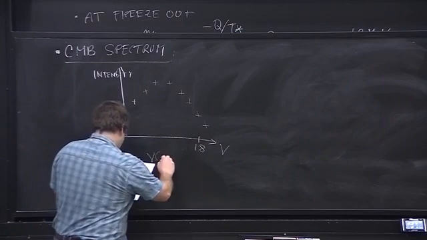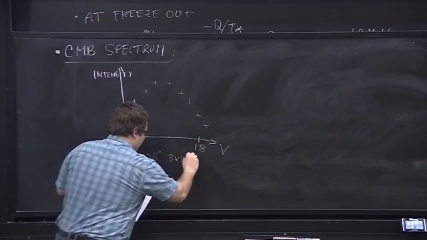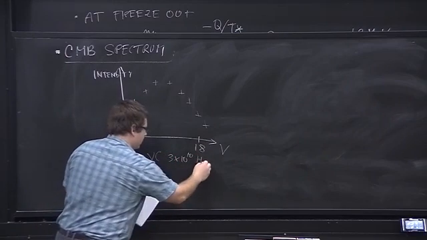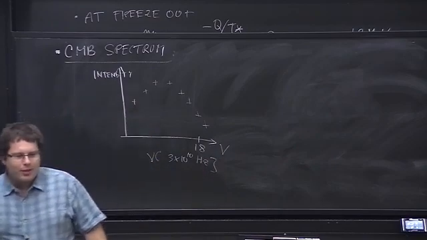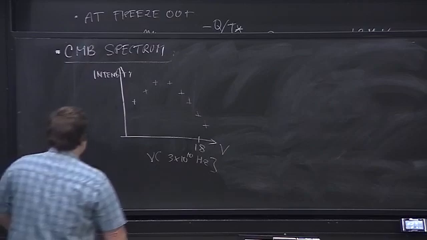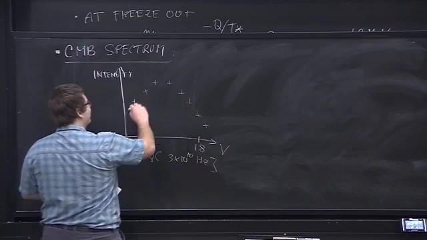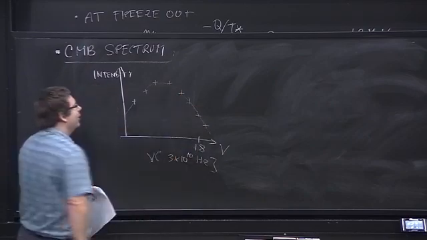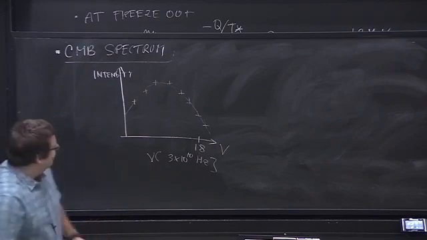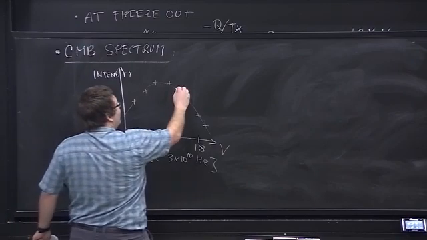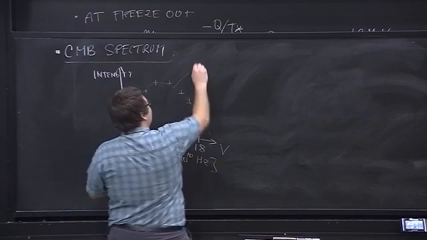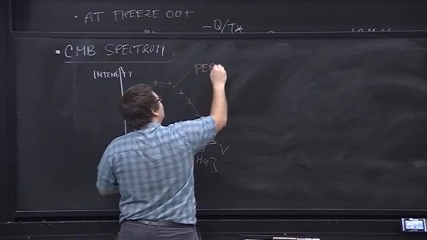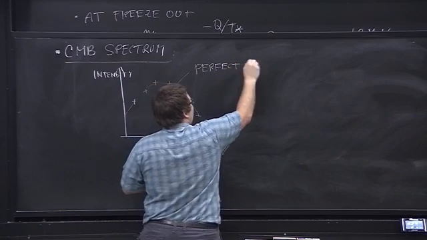Frequency is measured in units of 3 times 10 to the 10 hertz. Okay, and so these are the measurements. And of course, you can connect these measurements as a right theoretician. And if you do that, you find that this is exactly the black body curve. And so this is a perfect black body.